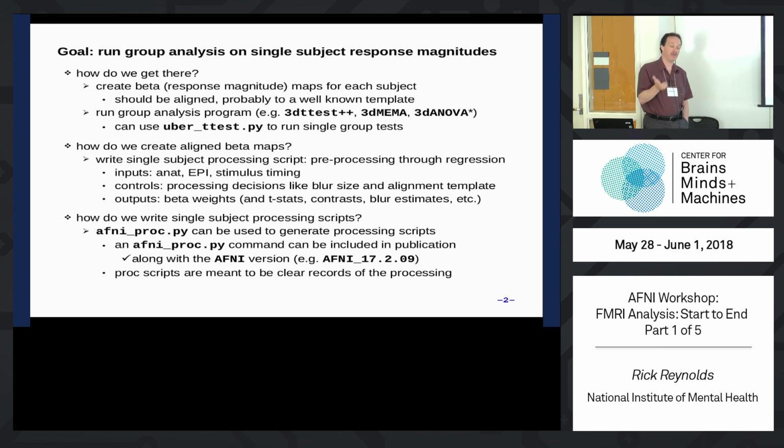If you've got existing scripts, I highly recommend running it through afni_proc.py and then just comparing. If you see big differences, then you can worry about why you might have them. It's very common that older scripts have issues, some choices that were maybe appropriate before but aren't so appropriate now.